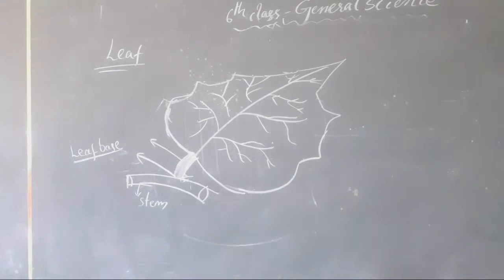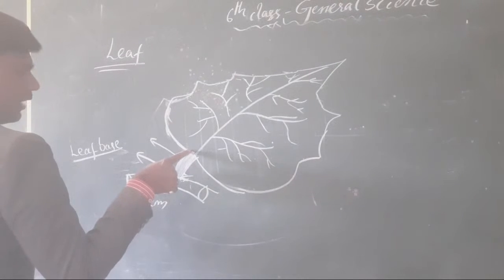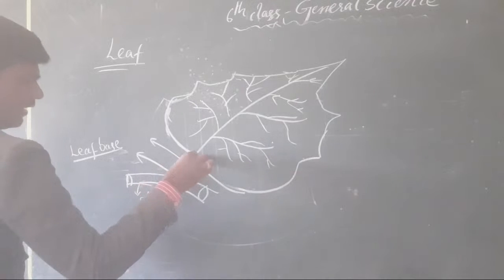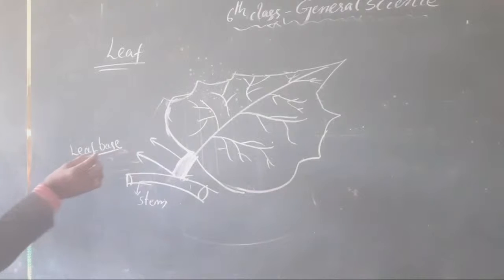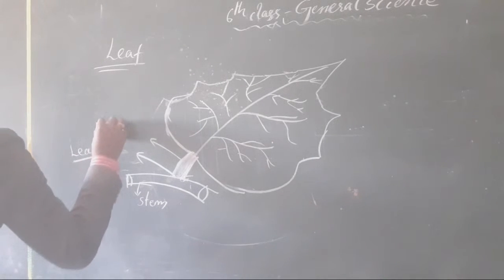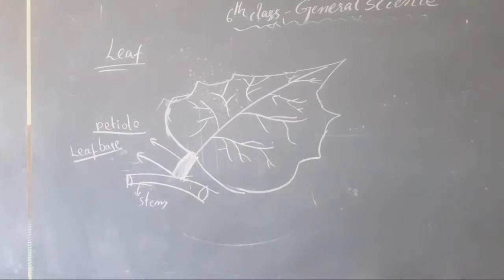And next, from the stem to the leaf, one part is there here. That part is called the petiole.